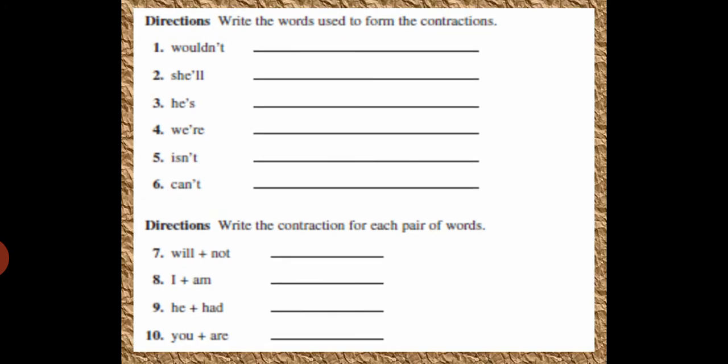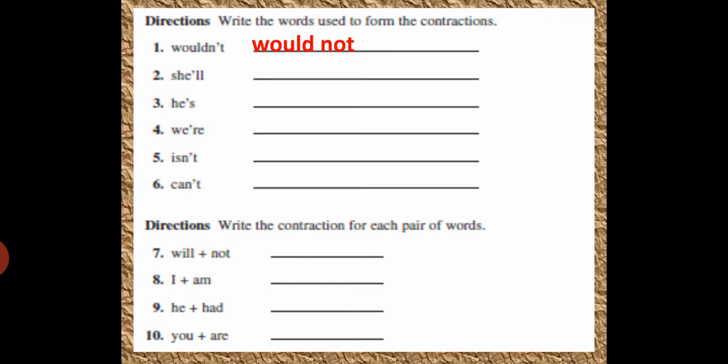Directions. Write the words used to form contractions. Number 1, wouldn't. So I need to separate this contraction into two words. So the answer will be would, and the n apostrophe t is n-o-t. It will be would not.